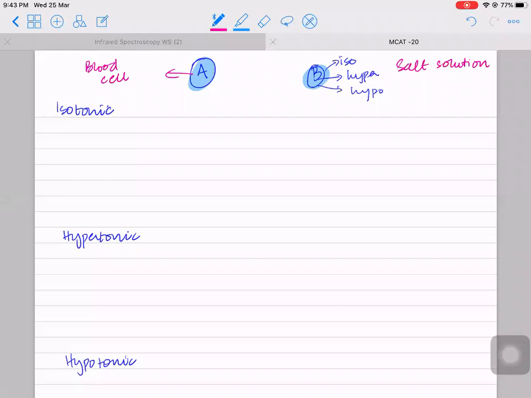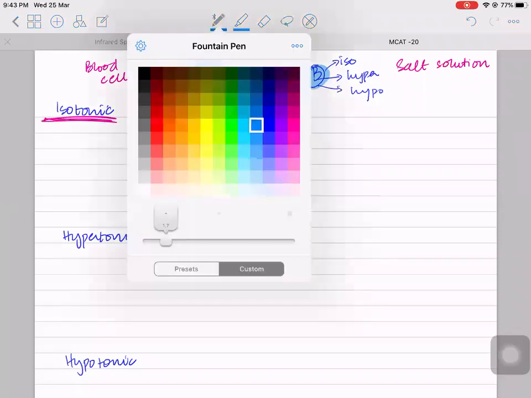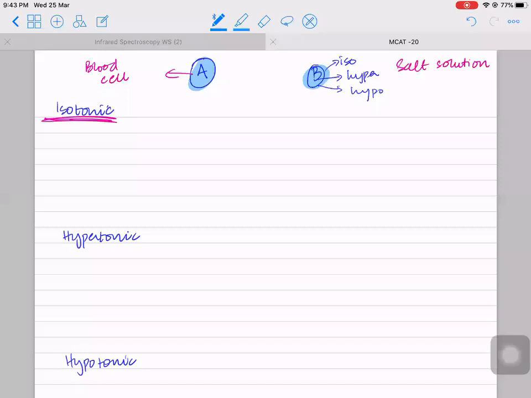Okay? So now an isotonic solution will be where the concentration, or basically the osmotic pressure, is equal in A and B. So when the osmotic pressure of A is equal to the osmotic pressure of B, we call it an isotonic solution.